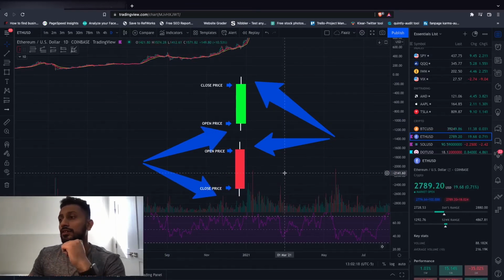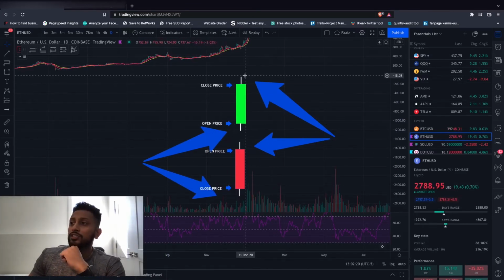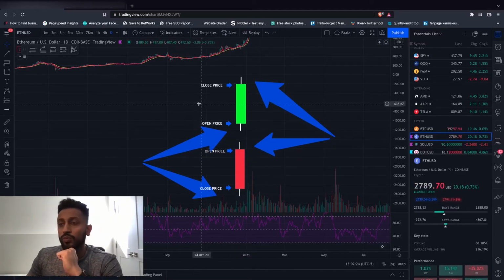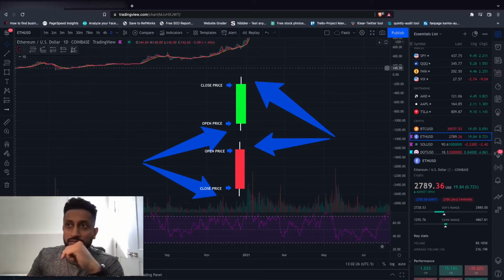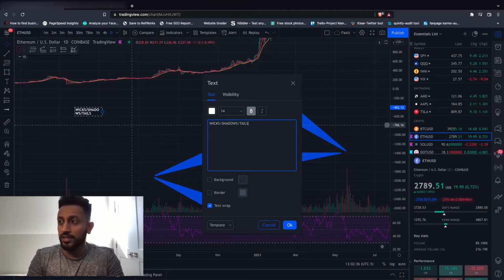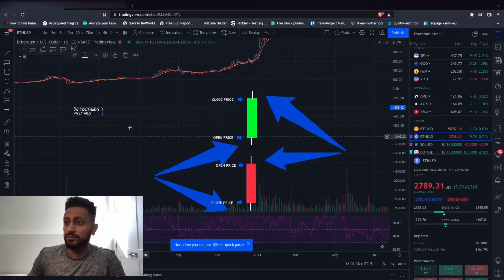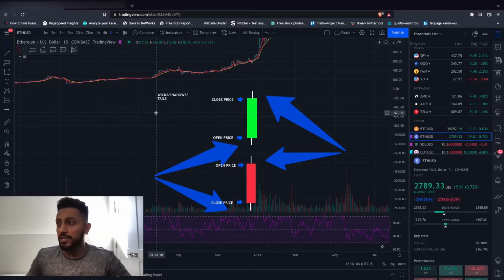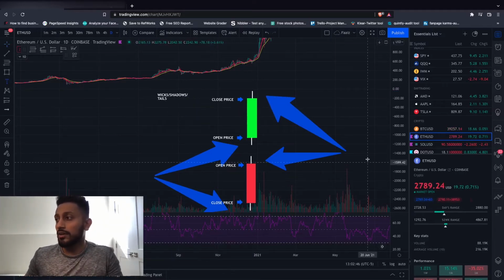Simple, right? Now, let's look at what these little white things are at the top. We call these things wicks. They can be called wicks, they can be called shadows, or they can be called tails. Okay? Wicks, shadows, and tails. What do they represent? Alright, let's talk about it.